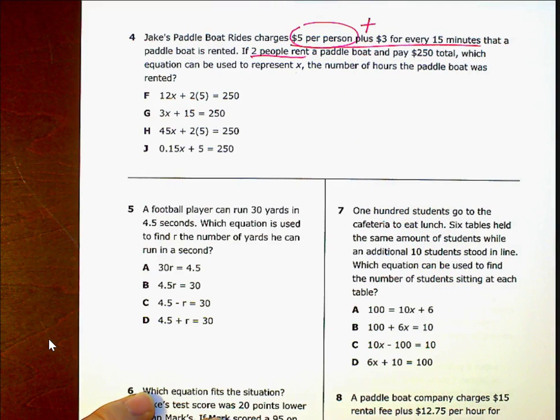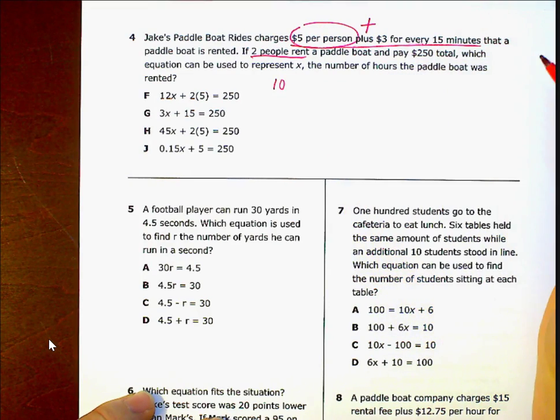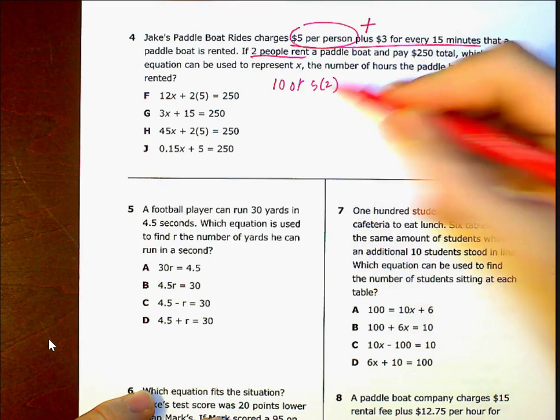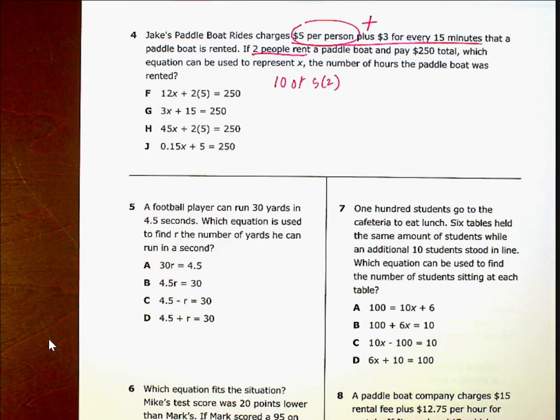So we know that either 10 will be in our equation, or 5 times 2 will be in our equation, because those 2 people paid $5 no matter how long they rented the boat. That is our initial fee or our starting value.